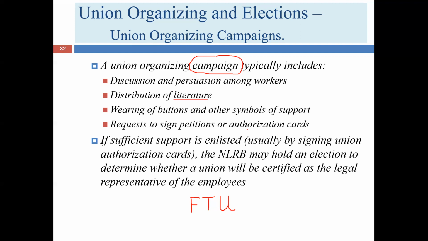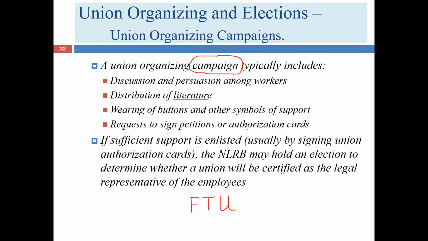And unlike authorization cards, petitions can be both pro and anti union. But these are ways of drumming up support. Employers aren't allowed to directly, or in fact indirectly, do this, but many times pro-employer, or anti-union, is another way of saying it, workers may on their own start developing petitions and things along those lines.